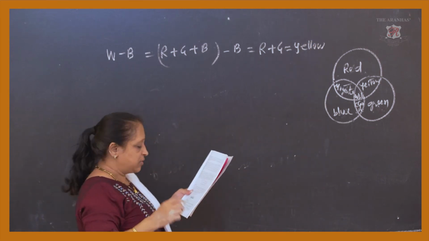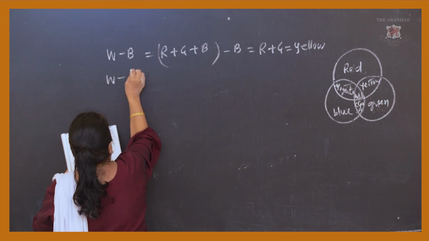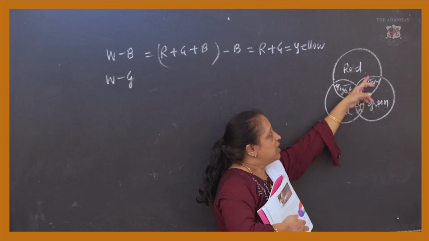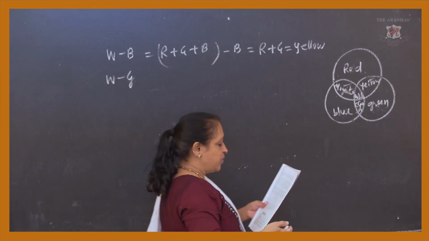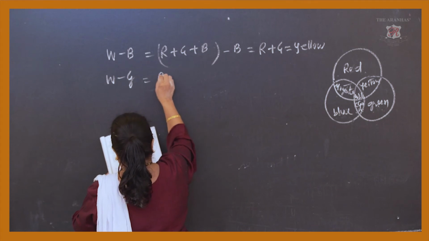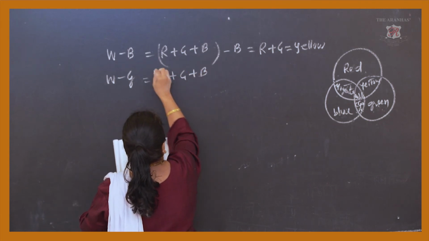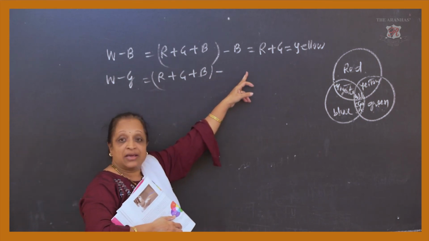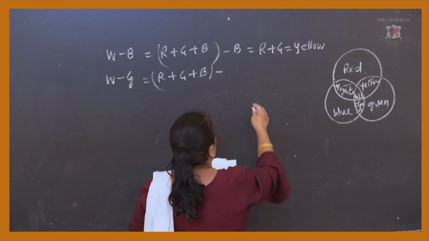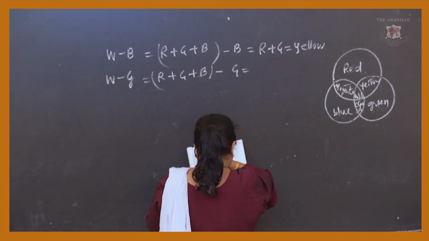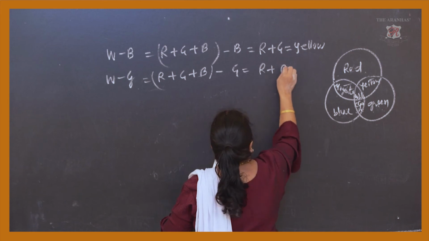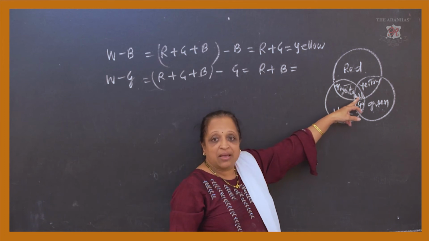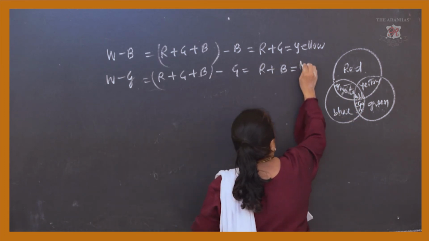This is the first one. Then white minus green: obviously you have the remaining colors over here, so red plus green plus blue, and since we have subtracted green, here also we write green only. So minus G gives you red plus blue. The effect we get here is the magenta color, so it is equal to magenta.